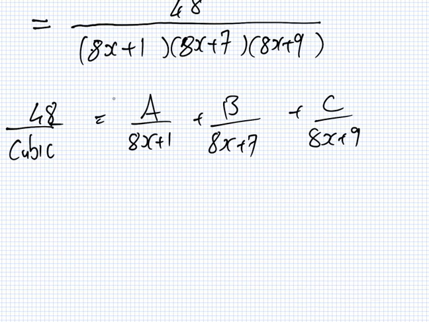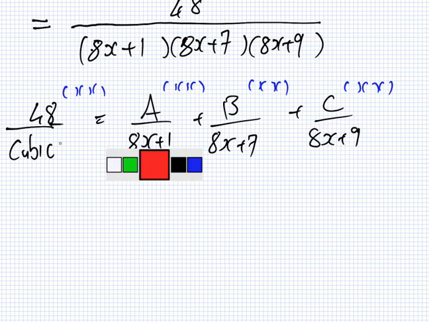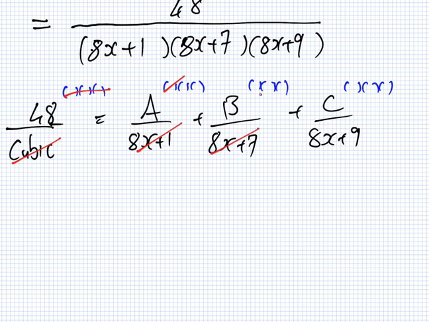Again, we do our trick of multiplying by the 3 factors. So this cubic will cancel all the 3 factors. The first cancels the first, the second cancels the second, and the third cancels the third.